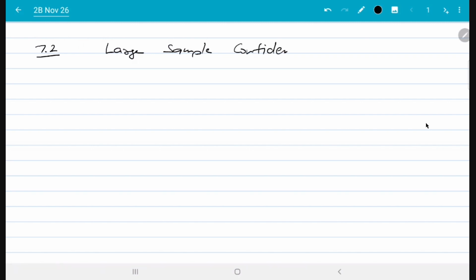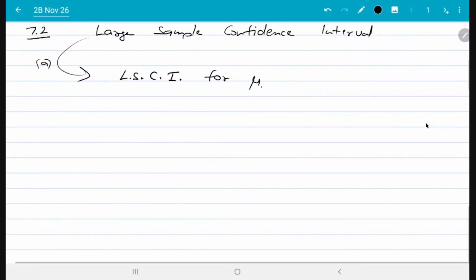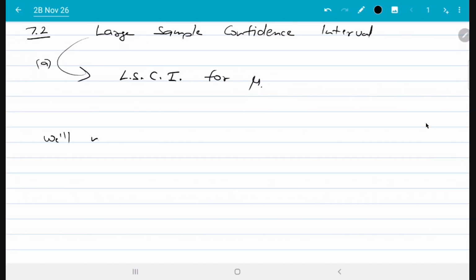The section is about large sample confidence intervals. Part A is large sample confidence interval for mu. We will not make any assumptions about the population being sampled.